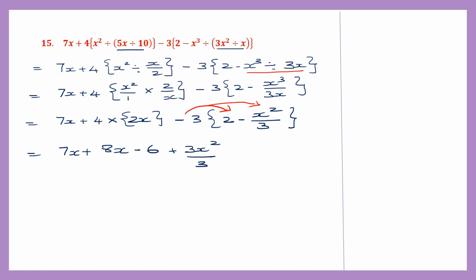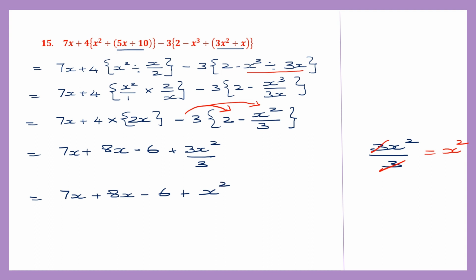Now here can you see 3x square by 3 can be still simplified. So let's write everything else. So here this is 7x plus 8x minus 6 plus, let's work this out, 3x square by 3. We can cancel the 3's. So what is left is only x square, which we can write here, x square.